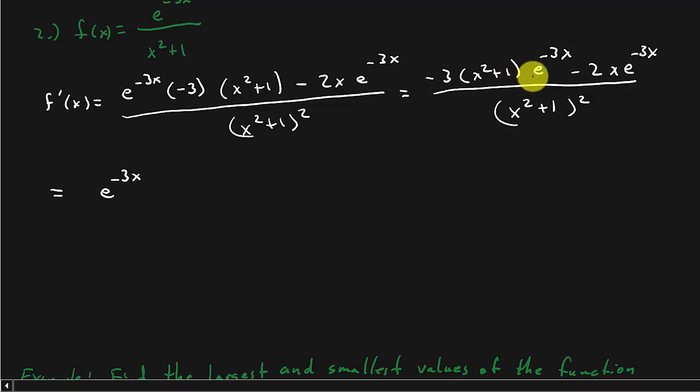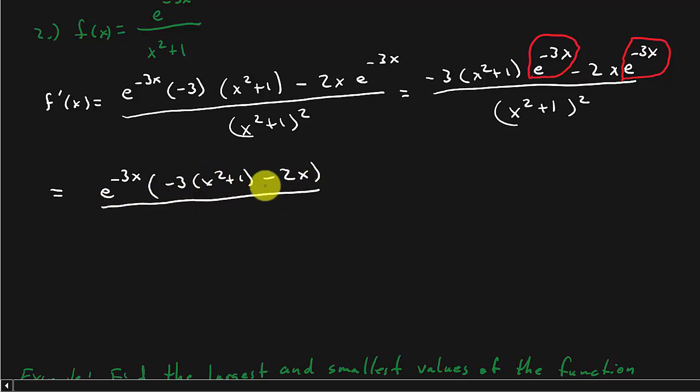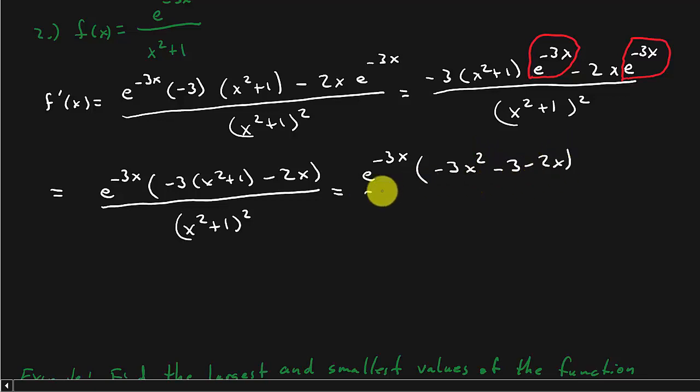See, I'm factoring this out, and I'm factoring this out. And so that's going to leave me with negative 3 times x squared plus 1 minus 2x over x squared plus 1 squared. And so that's e to the negative 3x times negative 3x squared minus 3 minus 2x over x squared plus 1 squared.